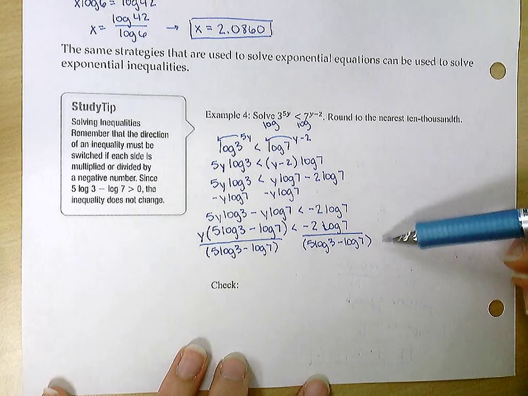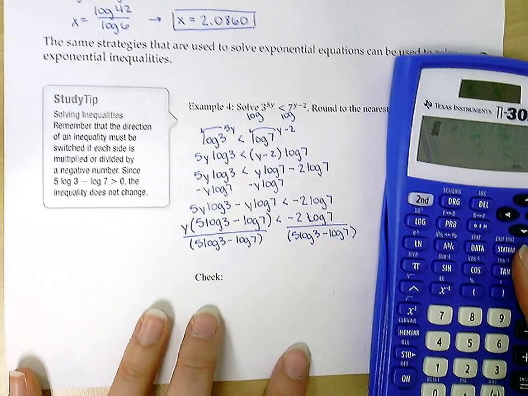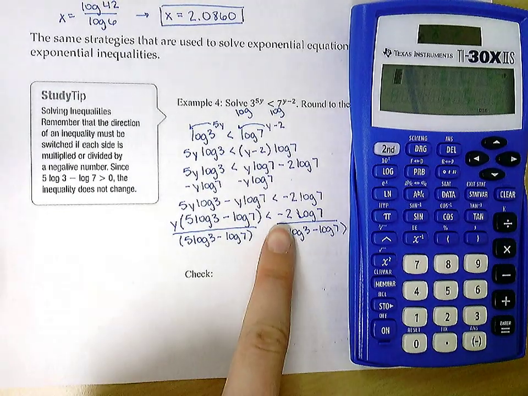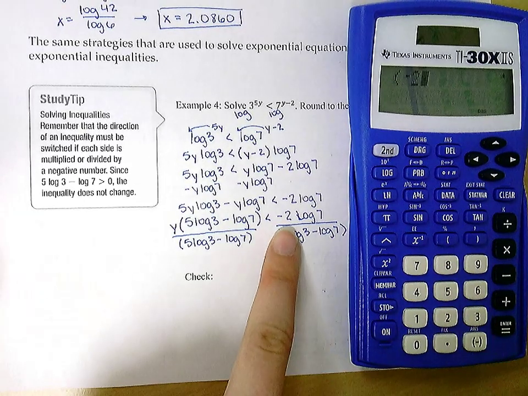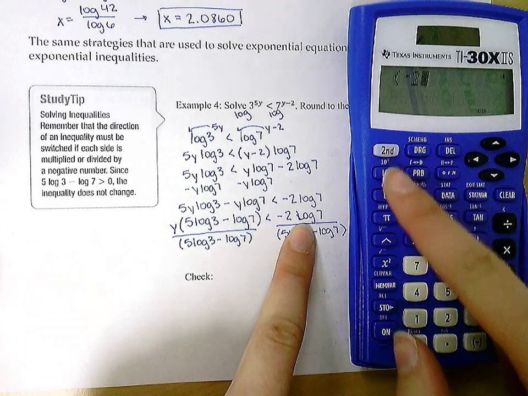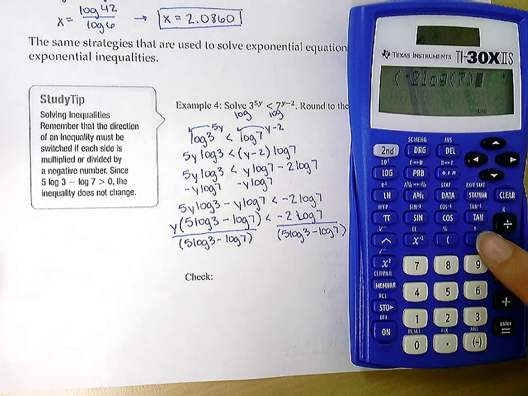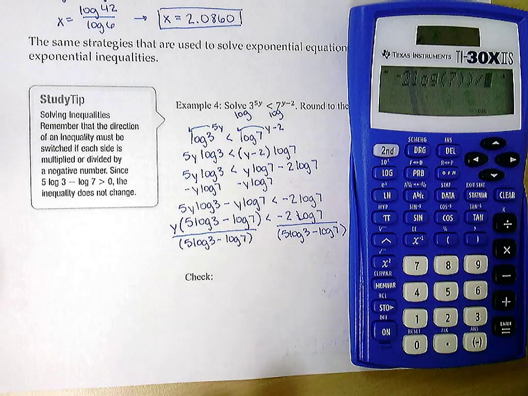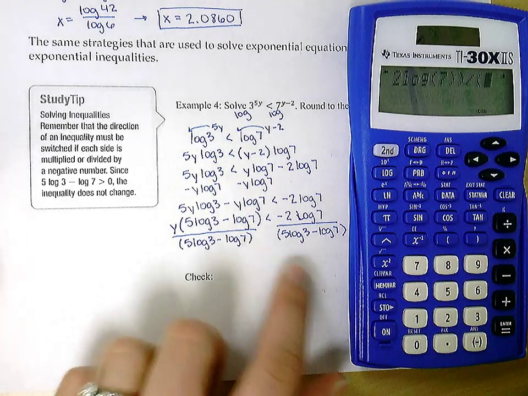Now we can enter this into our calculator. What I would do is put parentheses around your numerator. So I need a negative 2, then log of 7, end my parenthesis for the log, and end my parenthesis for the numerator. Then divide by this entire quantity, so I need to put a parenthesis around that entire quantity.